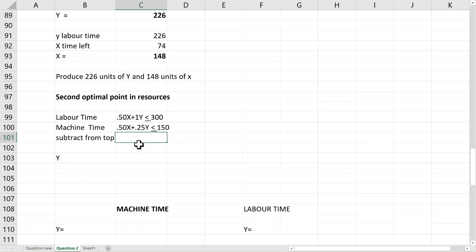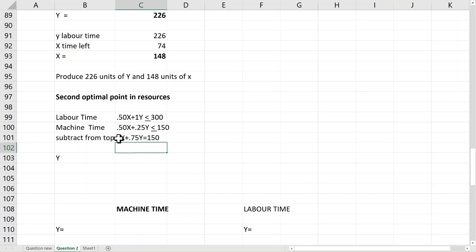So if I subtract the bottom equation from the top, what I've left here is 0x, and minus 0.25 deducted from the top becomes 0.75y, and 300 minus 150 equals 150.